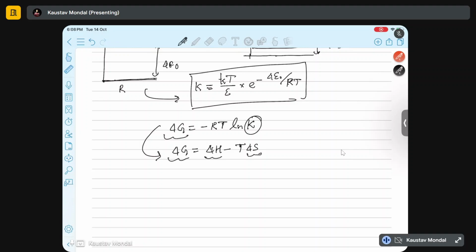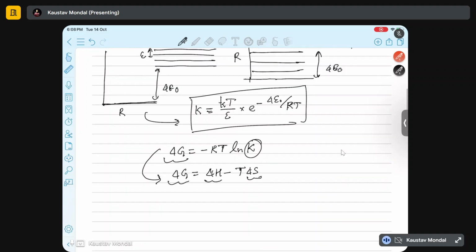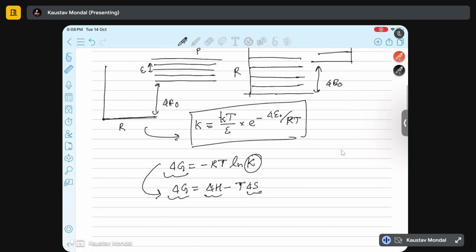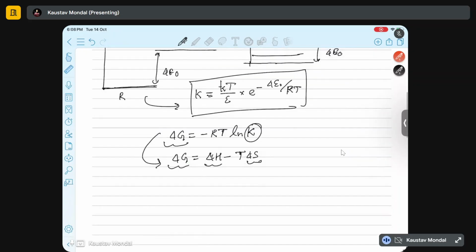So the change in enthalpy and entropy can also be related to the equilibrium constant K. That's why by calculating this quantity, you can measure many of the important thermodynamic quantities of a reaction system that is in equilibrium.